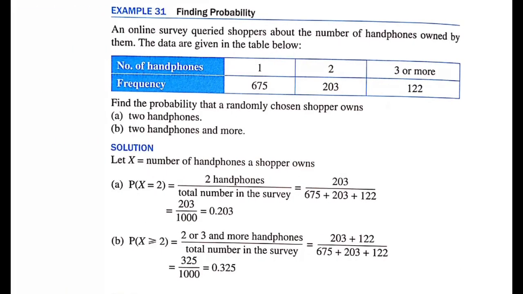Let's see the next example provided here. This is an experiment, an online survey, in which we ask shoppers about the number of handphones they own. These are the numbers of handphones. One handphone: we have 675 people. 2 handphones: 203 people. 3 or more handphones: 122.